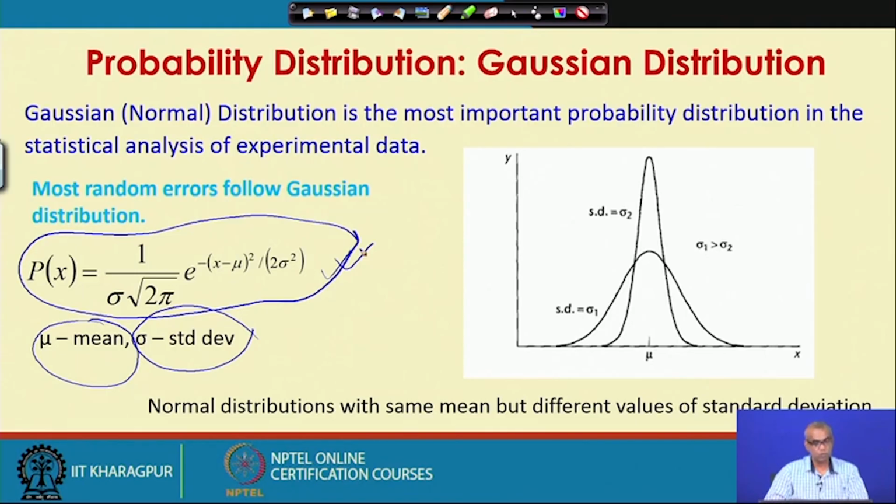P of x equal to 1 by sigma square root 2 pi e to the power minus x minus mu whole square by 2 sigma square, where mu represents mean of the distribution and sigma represents standard deviation. So, the Gaussian distribution or normal distribution looks like a bell shaped curve.